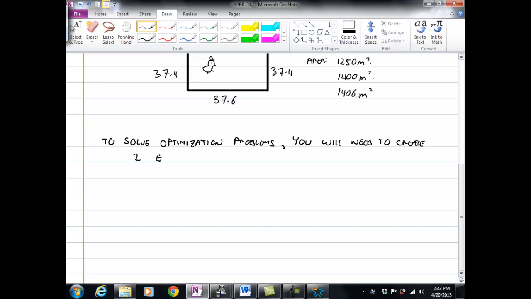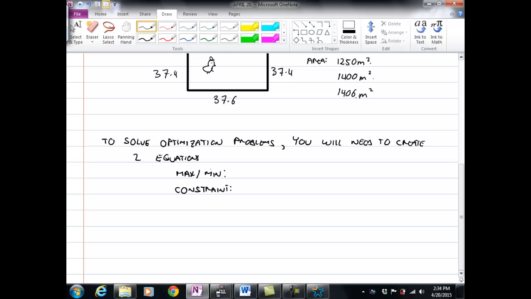The first one is called your max-min equation. I'm going to show you what this is in a second. The second one is called your constraint. Every question should have two.